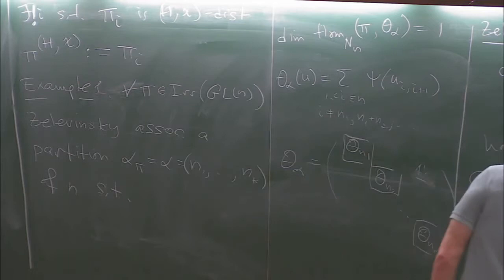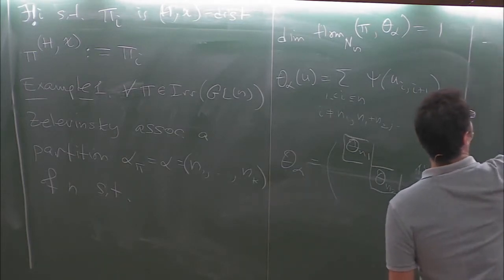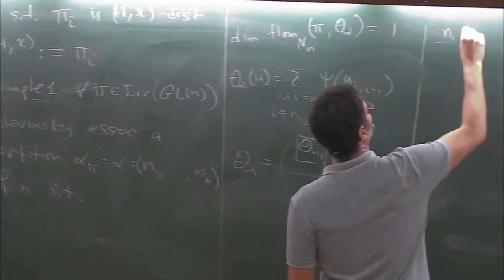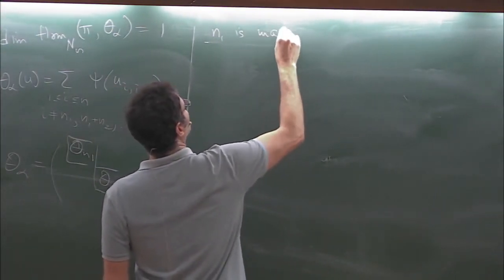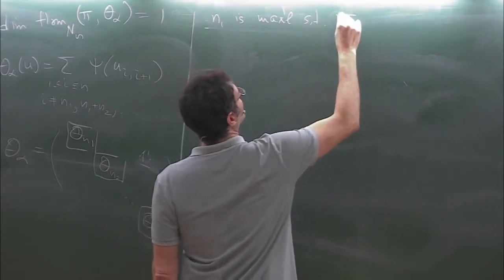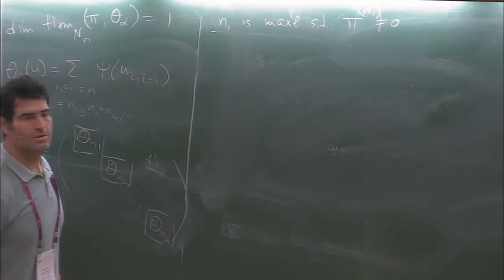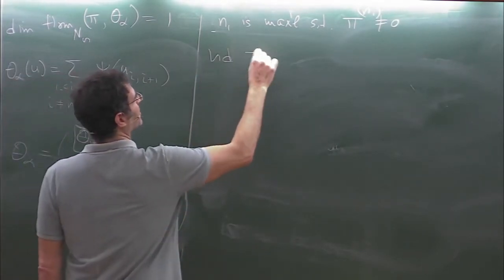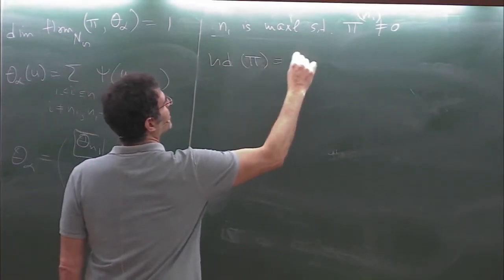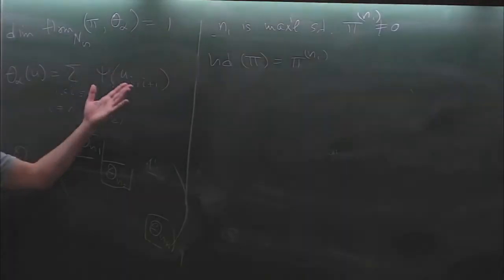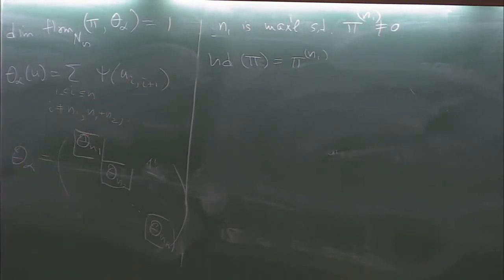And actually the prescription is by the Bernstein-Zelevinsky derivatives. So the first component n1 is maximal such that the derivative pi^(n1) is not 0, and then this representation pi^(n1) is called the highest derivative of pi, and n1 is called the level of pi, or the level of non-degeneracy.